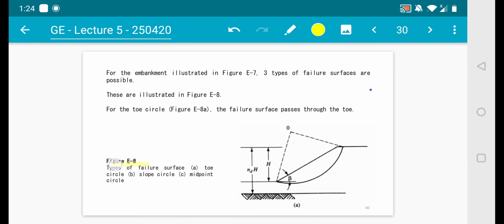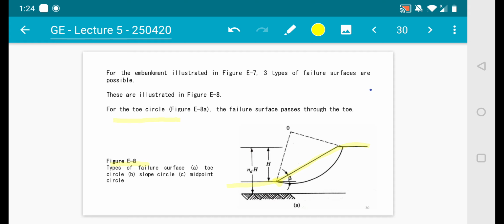The first type of failure surface is a toe circle, which means the failure surface passes through the toe. If you have a slope, the toe is here, so it passes through the toe. This is failure surface A, which is a toe circle.